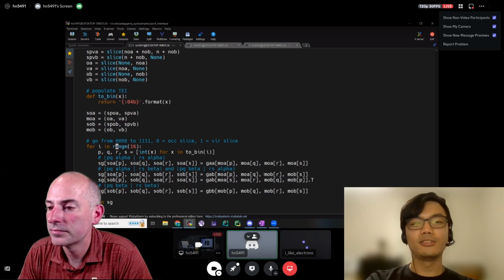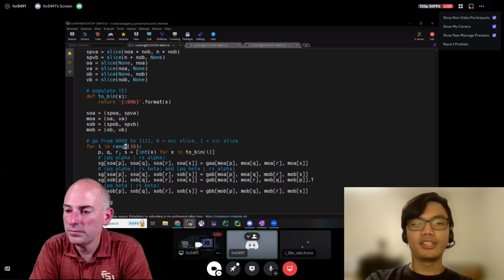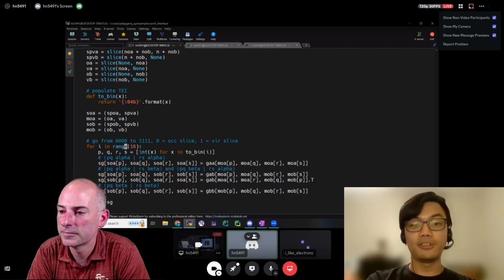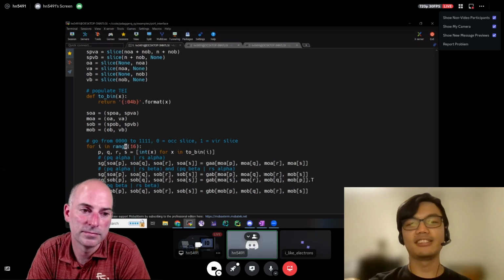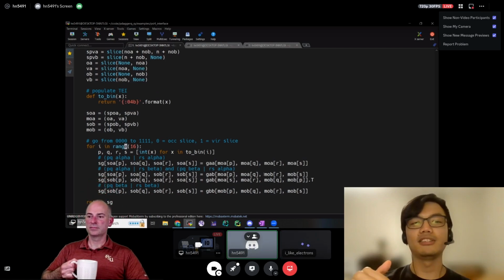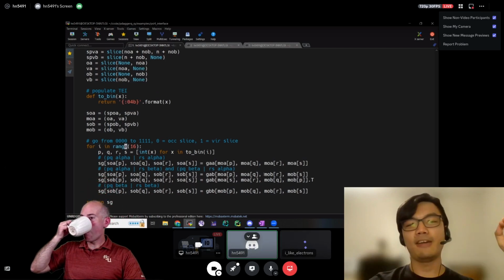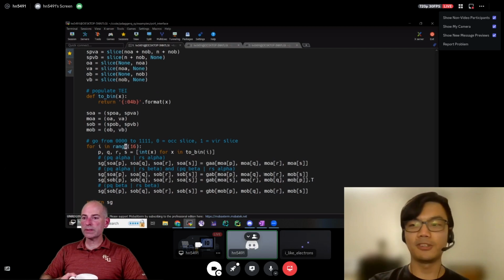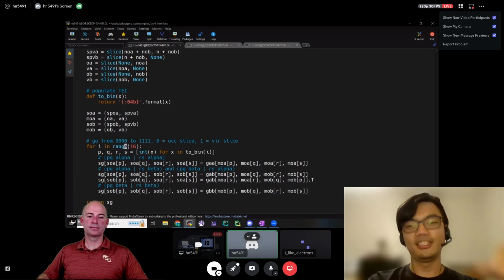Yes, right. The reason I'm doing this is that now we have 4 indices, and we have different cases, right? All these 4 indices can be occupied or unoccupied. So if I just write everything explicitly like I did before, I will have 16 lines for each spin block.